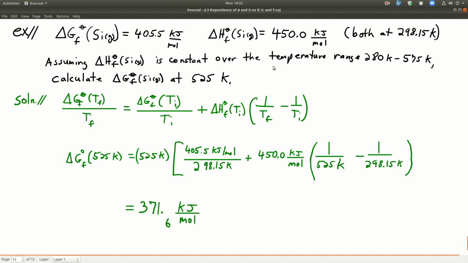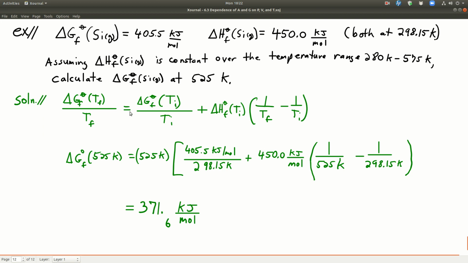We're going to assume that the delta H of formation doesn't change much over 280 to 575 Kelvin, because we want to calculate delta G of formation of gaseous silicon at 525 Kelvin.